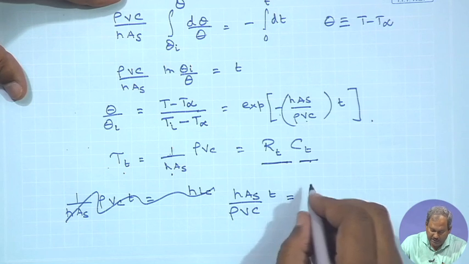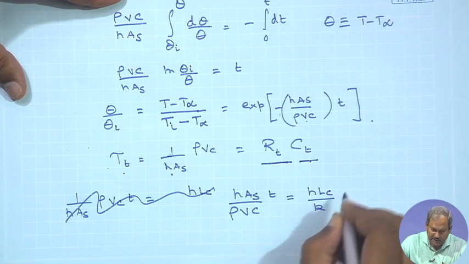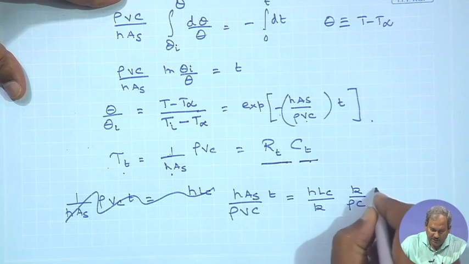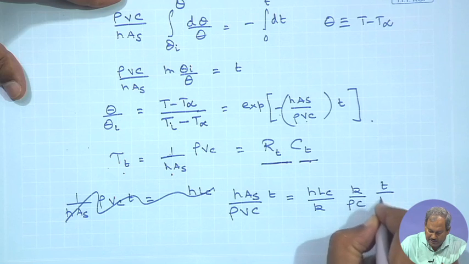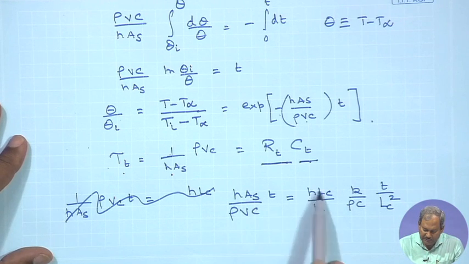This can be written as h, bring in a length scale, L C, by k, then k by rho C and t by L C square. So, the purpose of my doing this is to bring in the concept of Biot number.